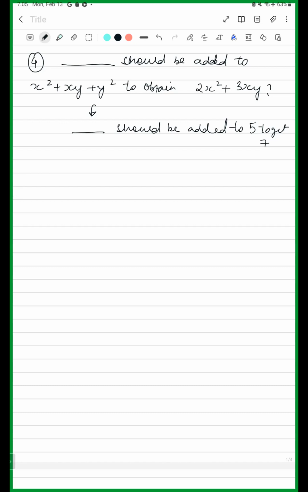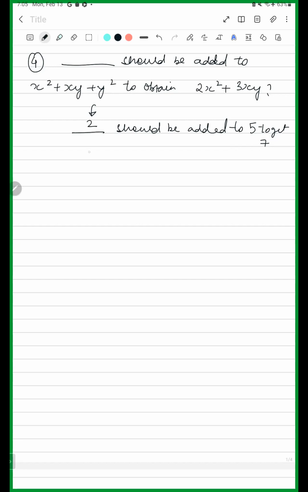Which number should be added to 5 to get 7? 2. And how did you calculate that? 5 plus 2 is 7.